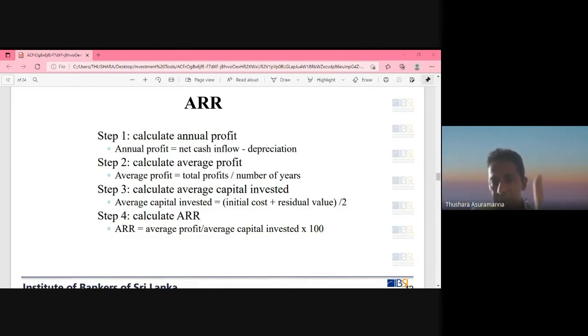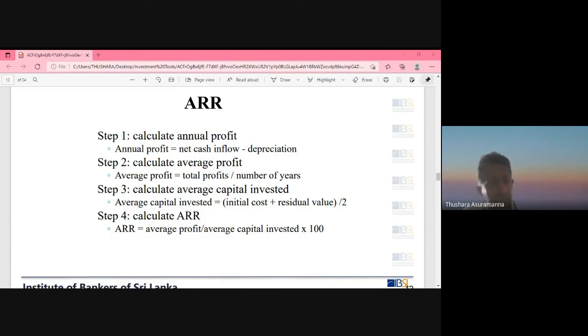What is annual profit? Annual cash flow minus depreciation. Then you can compute average profit. That is total profits divided by number of years, 1, 2, 3, 4, because only those 4 years we are making profit.